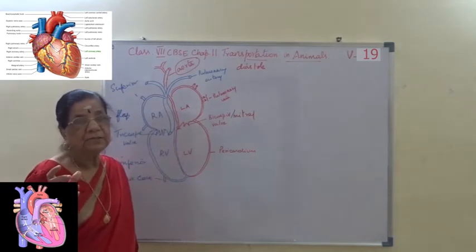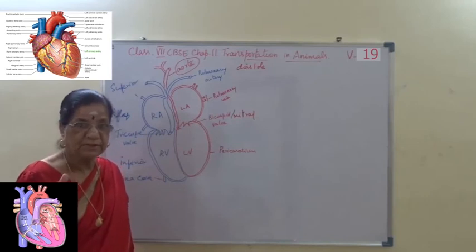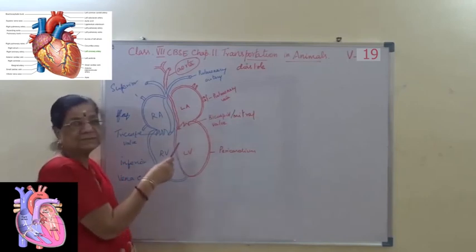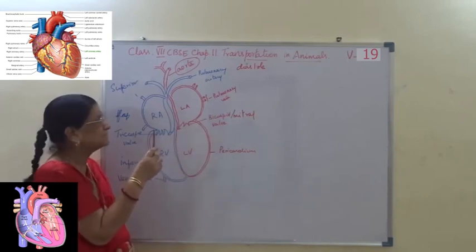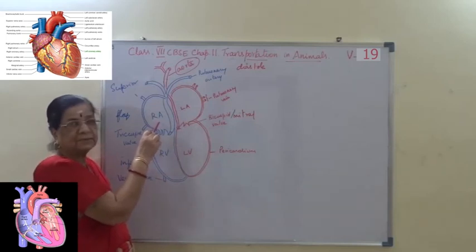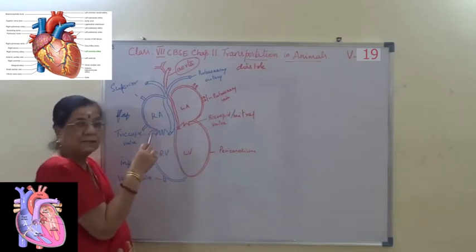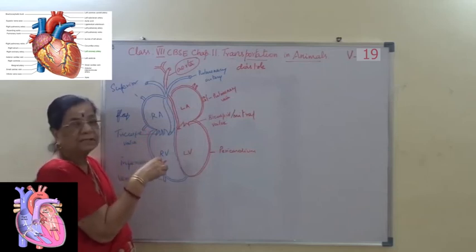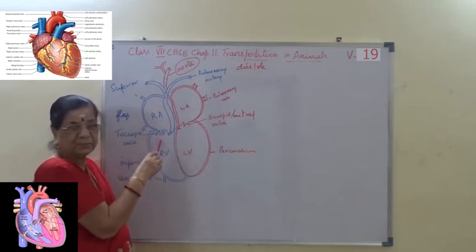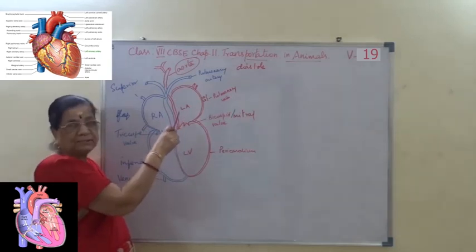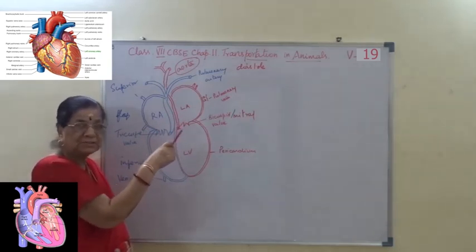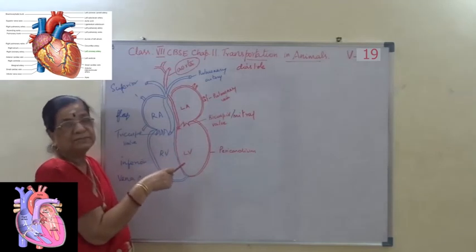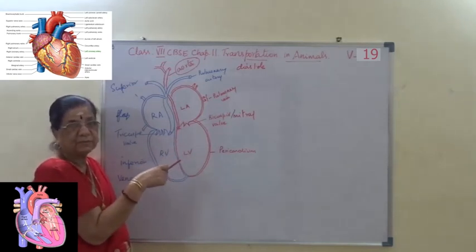Right? So when the right and left atria contract, the valves open as the right atrium pushes the deoxygenated blood into the right ventricle through the tricuspid valve. Same way, the left atrium pushes the oxygenated blood into the left ventricle. I hope you understand.